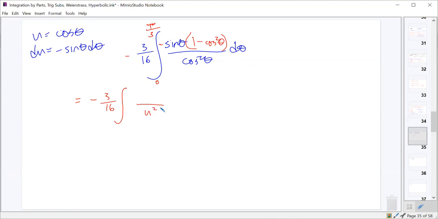And what else do we need to do with this? Negative sine theta d theta is our du, and 1 minus cosine squared is 1 minus u squared. And we got to convert this 0, which is a theta, into u. So cosine of 0 is 1. And then cosine of pi over 3 is 1/2, right? So convert that into a 1/2.